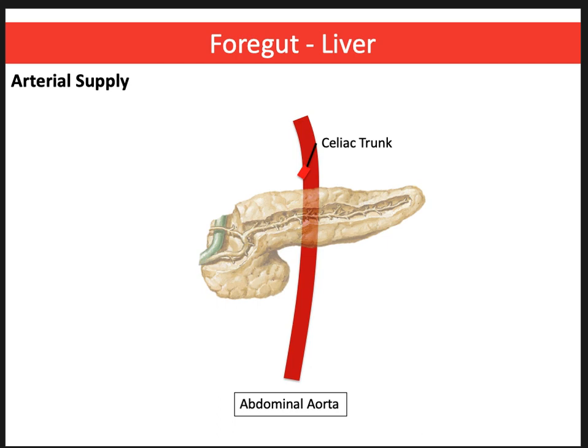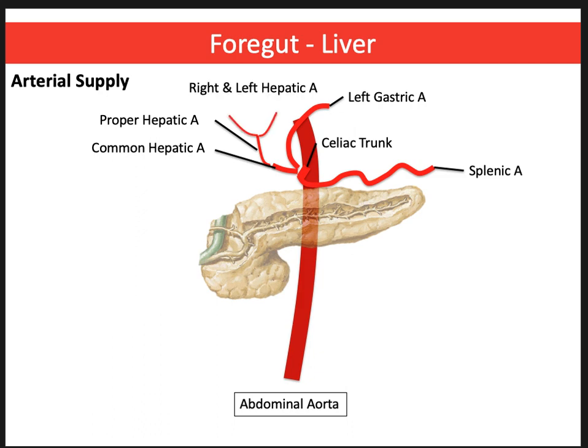Just like a tree, a trunk will give branches. The first one was the left gastric that will feed the upper part of the lesser curvature of the stomach. And this one will anastomose with the right gastric that is coming from the proper hepatic, most of the time from the proper or sometimes from the common hepatic.